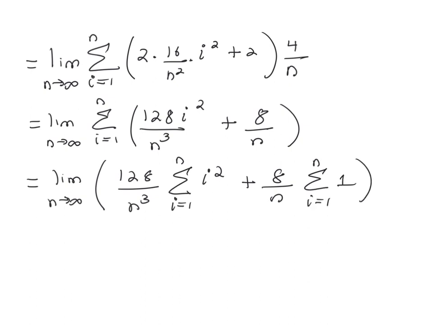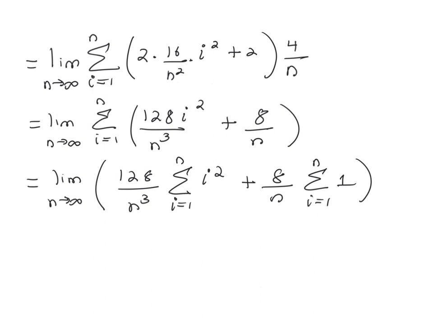So what happened here is I had a sum, so I split it up into two separate sums. And then for each of those sums, anything that did not have an I on it, I factored out. So I took out the 128 over n cubed. Here I took out 8 and n, and the number 1 is left over.